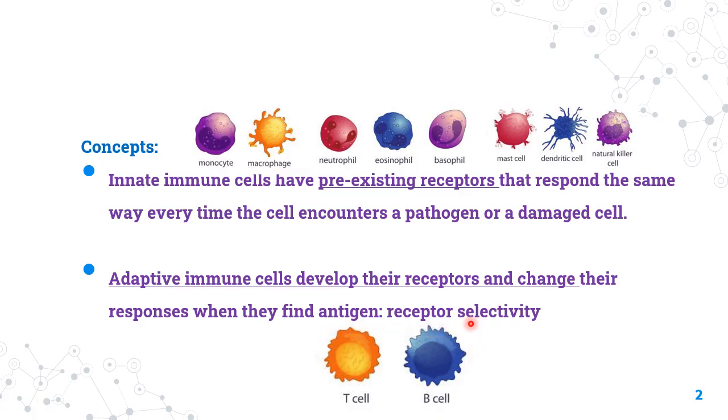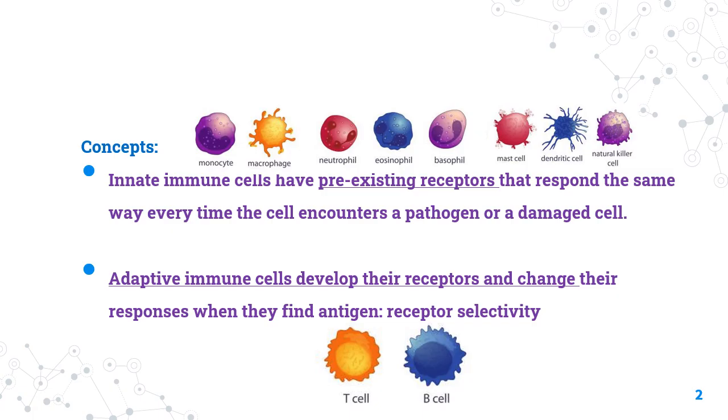Genetic shuffling is going to happen with these cells. And you are going to start developing those cells as you are exposed to certain antigens. So if you're not exposed to certain antigens, then you're not going to develop a specific, more mature type of adaptive B and T cells.